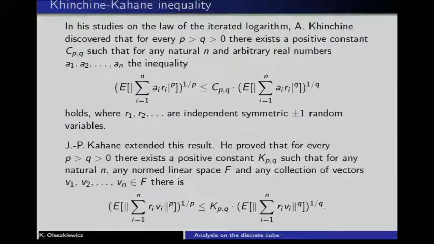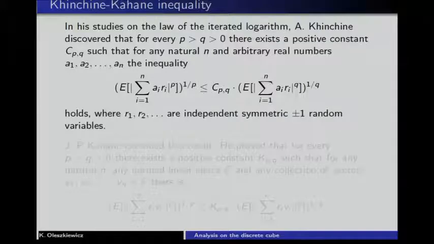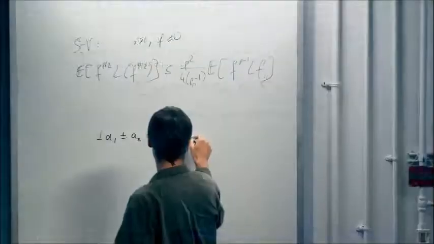Okay, so now I would like just to describe two results from probability theory. One of them is the Khinchin inequality that most of you probably heard about. So assume that you have some real numbers, a1, a2 up to an, and you add them up with random signs. So you look at sums of the form plus minus a1 plus minus a2 plus minus an.